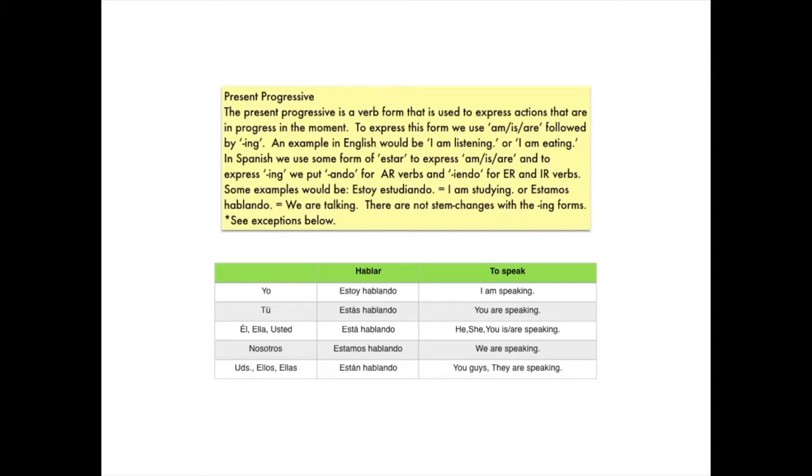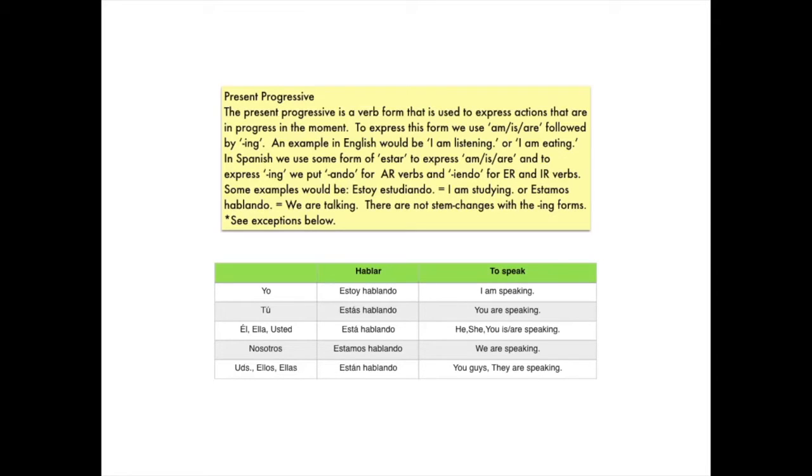In Spanish, we use some form of the verb estar to express this am, is, or are, and to express the ing, we put ando for AR verbs and yendo for ER and IR verbs. So, whereas before we were taking off the AR, ER, and IR and putting either an O or an AS or an AMOS, so we were making all those verb conjugations before.